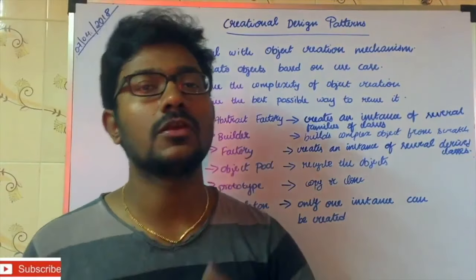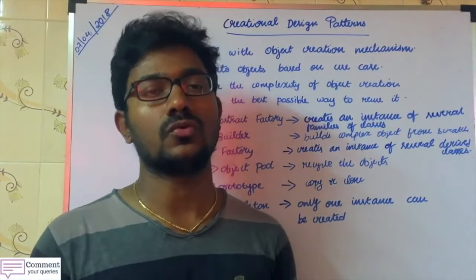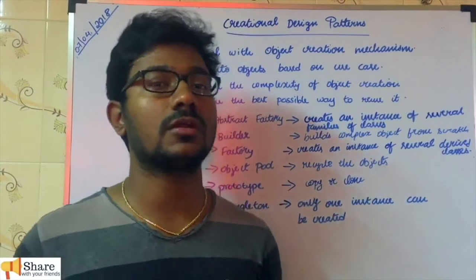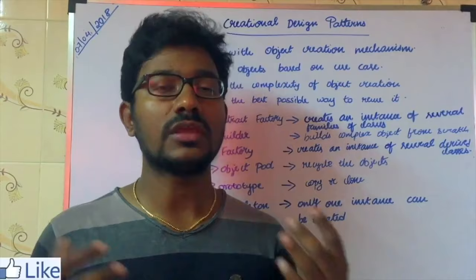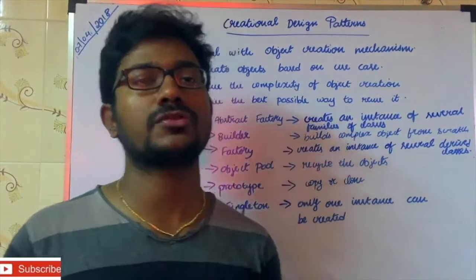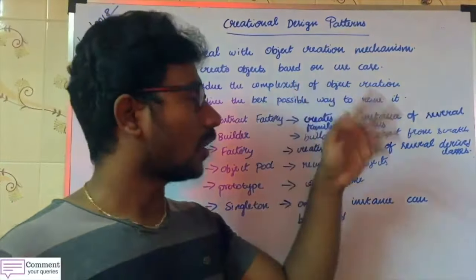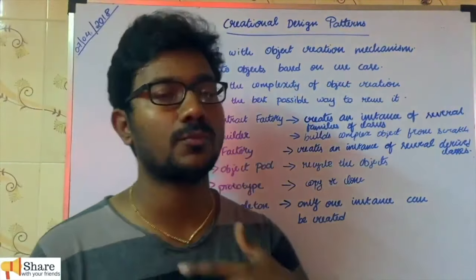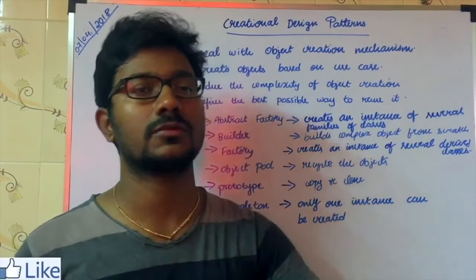Reduce the complexity of object creation. Actually, object creation is a tedious process, and managing the objects is also a tedious process. So everything would be managed by these creational design patterns if we follow a proper structure, and it will also reduce the complexity and define the best possible way to reuse the object.